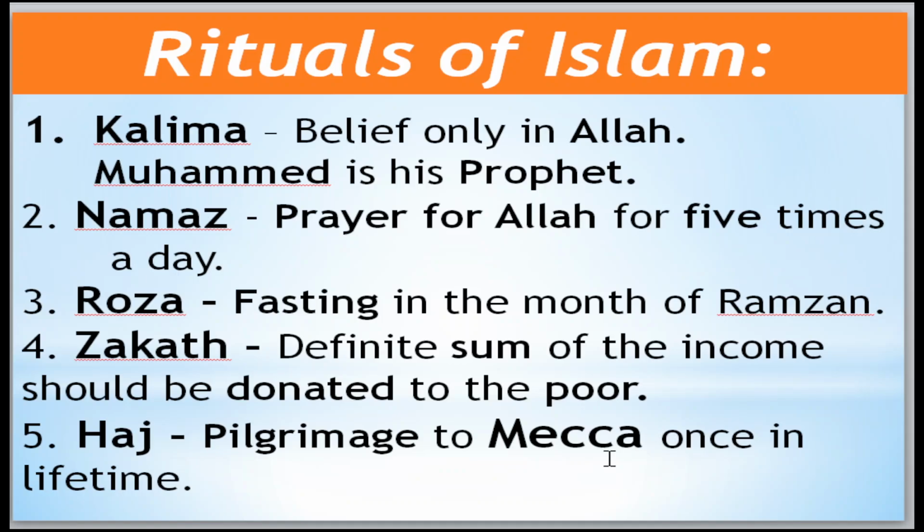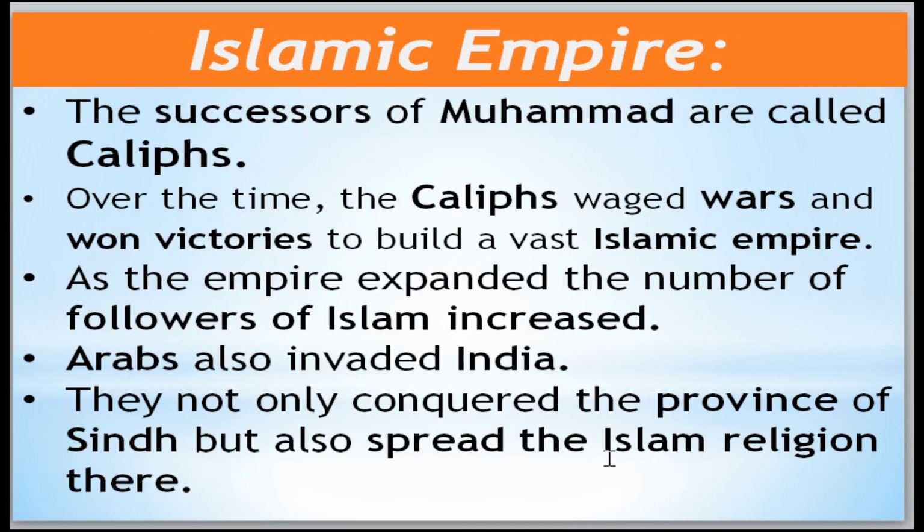That's called the Hajj. Now come to the Islamic Empire. After the death of Muhammad, his successors are called Caliphs. Caliphs came in his place. They started spreading the religion with wars. They declared wars against other people, won victories and built a vast Islamic empire.